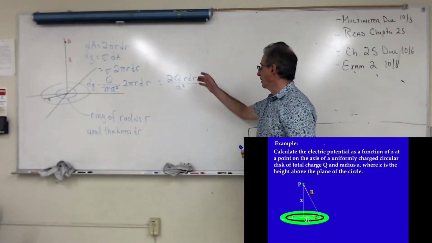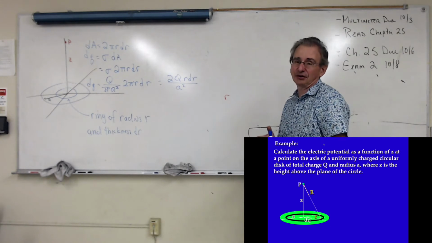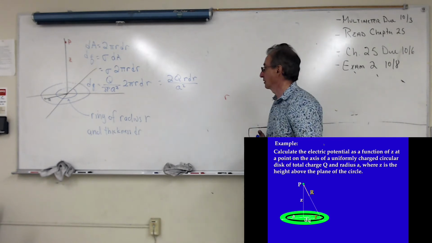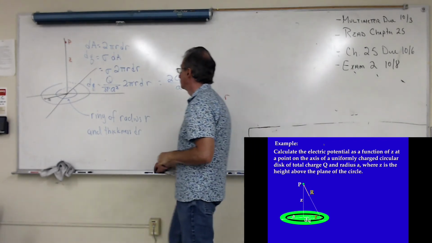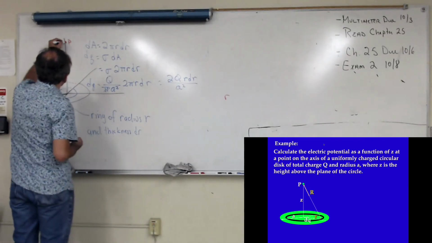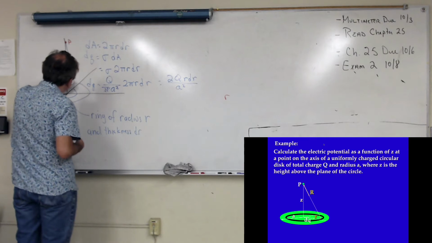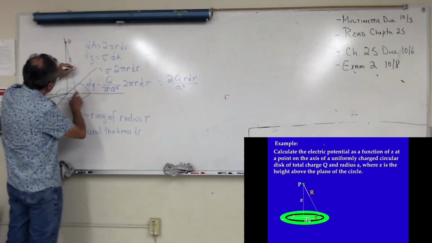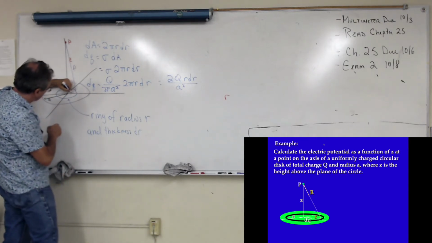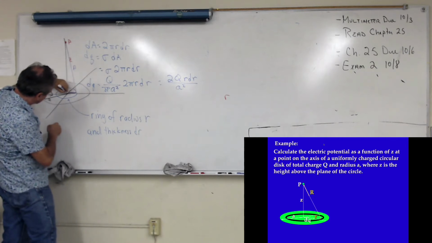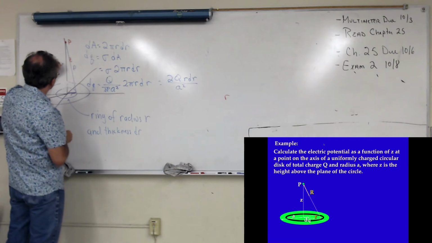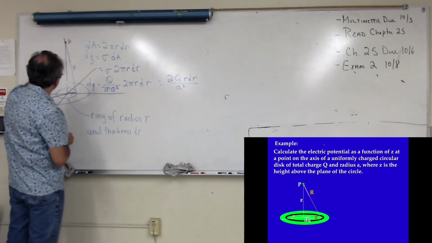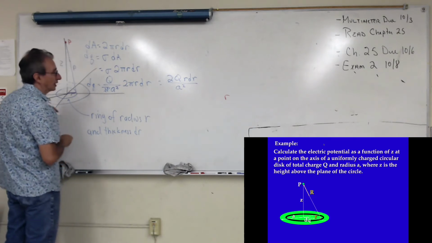You actually integrate from 0 to A, you'll get Q. Now, what about R? This big R is the distance, basically this little r squared plus my z squared in the square root.